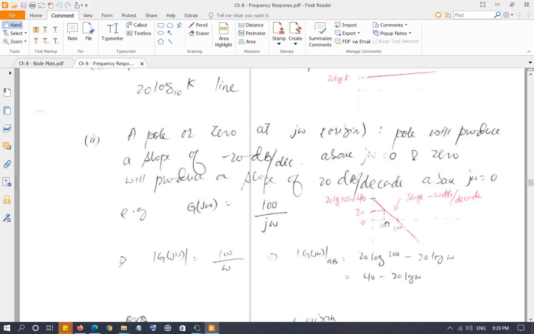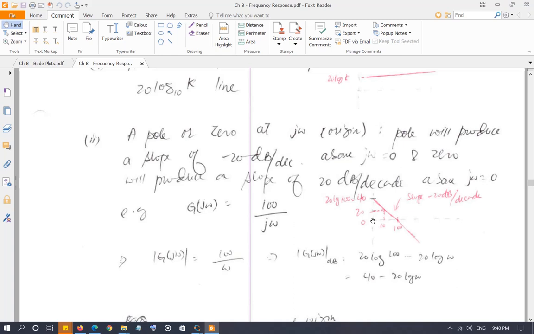So basically what we see over here, at 20 log of 1, this value will be 0, right? This value will be 0, this is 1 right here. This line is not y-axis, but this line is 1. So the value will be 0 for 1.